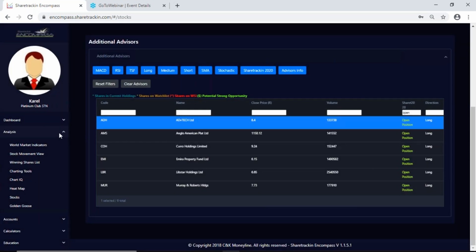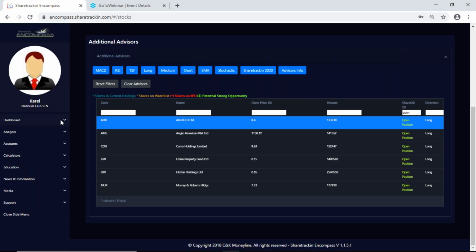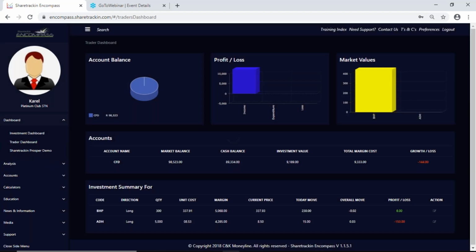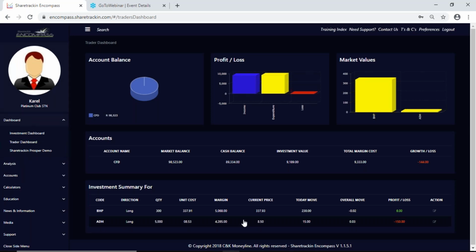And to watch my share, I can go to my dashboard and I can go to my trader dashboard. And there is my share that I can keep my eye on. So BHP was a share that I opened about 20 minutes past 12 today.